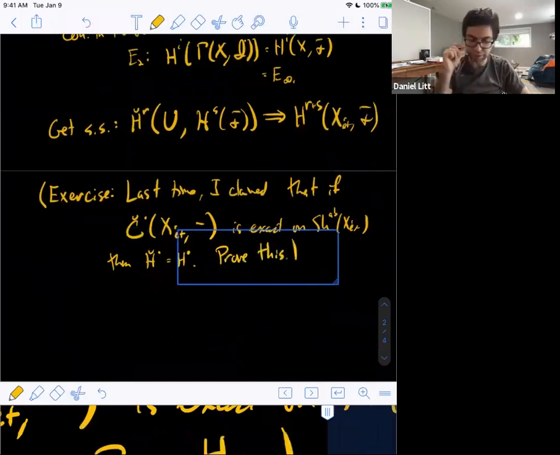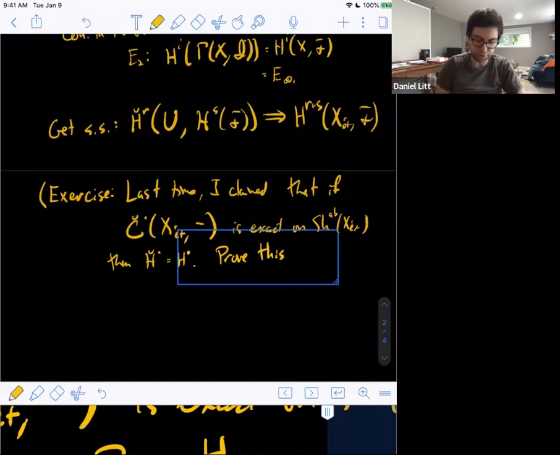Last time I claimed it follows from the theory of effaceable functors, and it does. So that's one way to prove it. You can unwind what Grothendieck does in Tohoku to check that that's the case, or look in Hartshorne book 2. But you can also prove it using this spectral sequence.